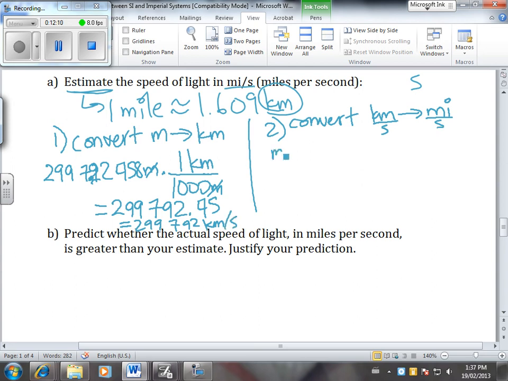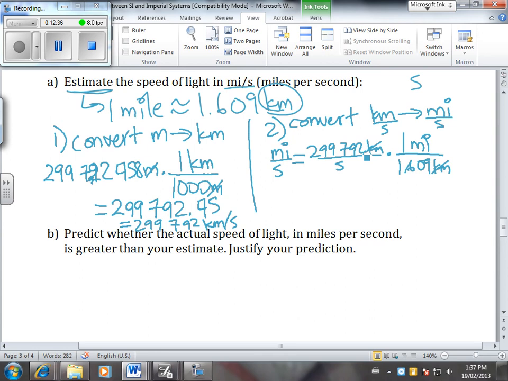So if we want miles per second, and we have 299,792 kilometers per second, we want to get rid of our kilometers. So in 1 mile, there are 1.609 kilometers.